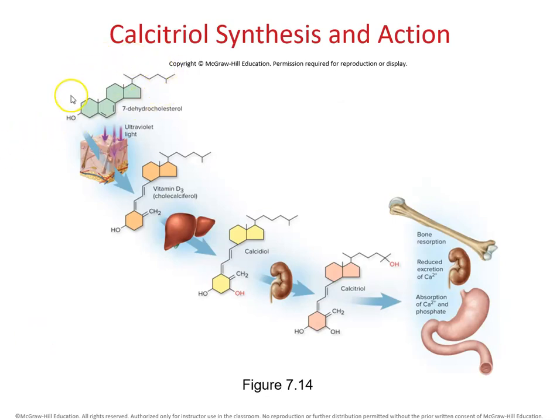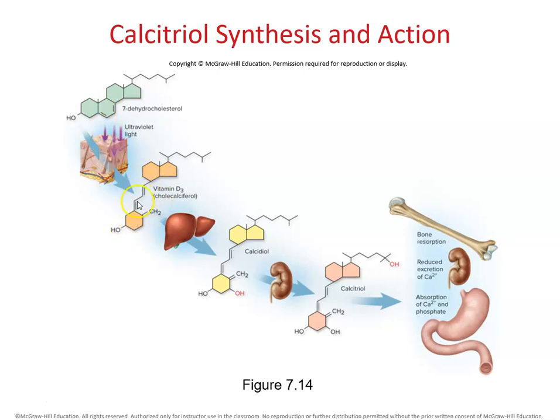This is our 7-dehydrocholesterol. Then we have skin exposed to sunlight, and when that happens, we have a conversion. It's a pretty big conversion. We've got this ring structure opening up in this conversion.